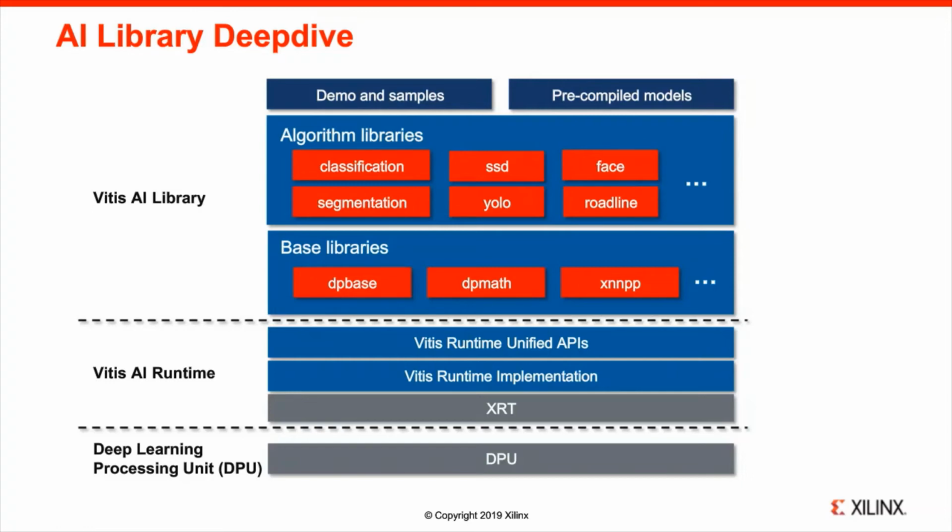Similarly, we got segmentation here, which is just some pixel level classification. And for detection networks, we got both SSD and YOLO because their post-processing is different. So we have to separate them into two categories.